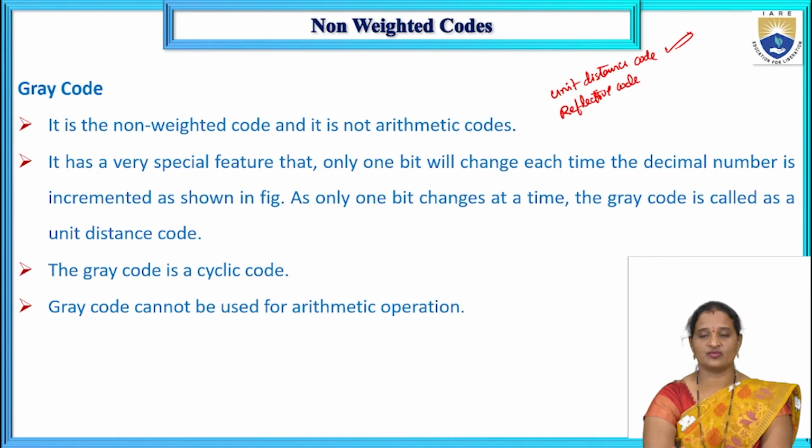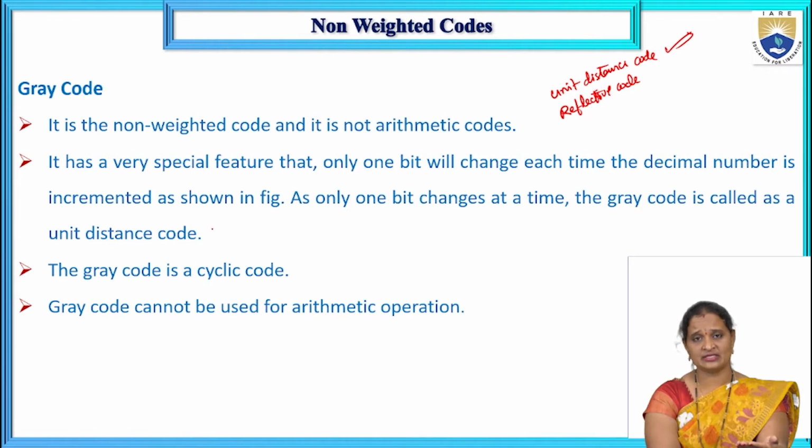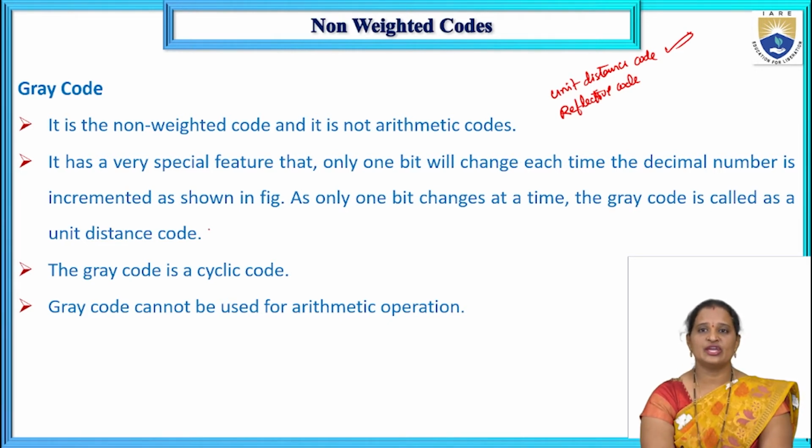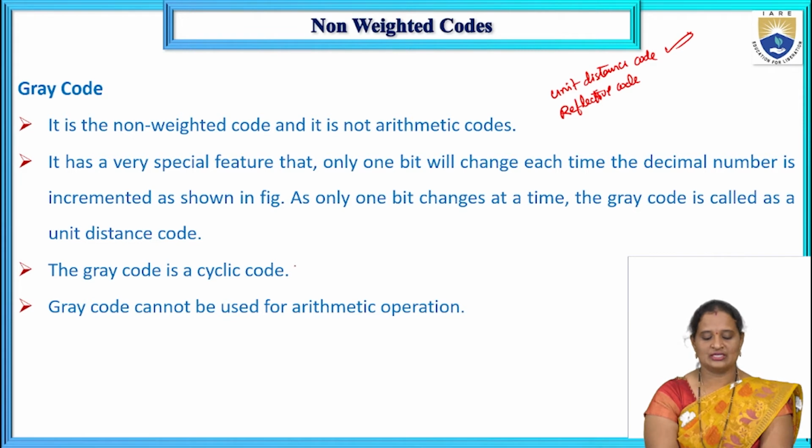So as a decimal number is incremented, the gray code changes by only one bit position. As only one bit changes at a time, the gray code is also called unit distance code.